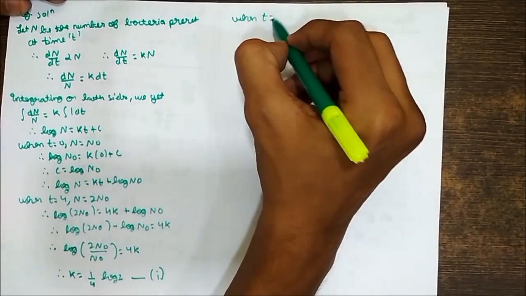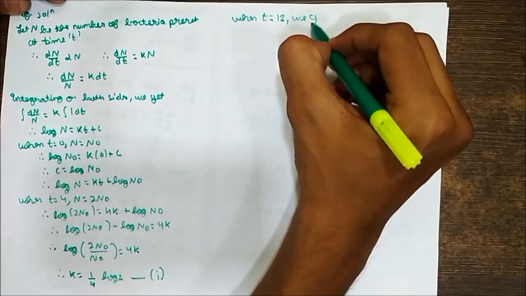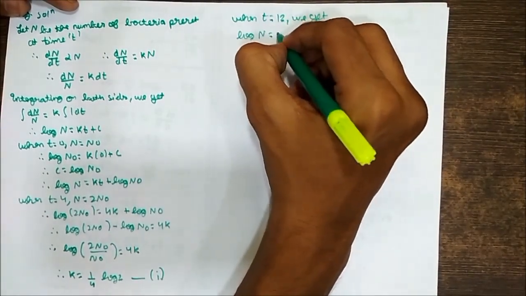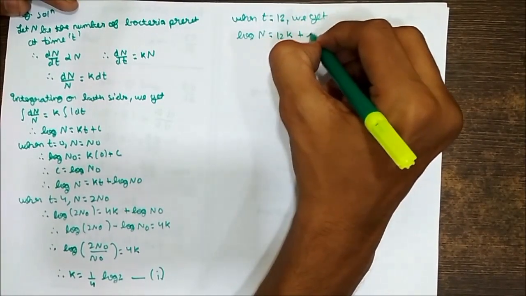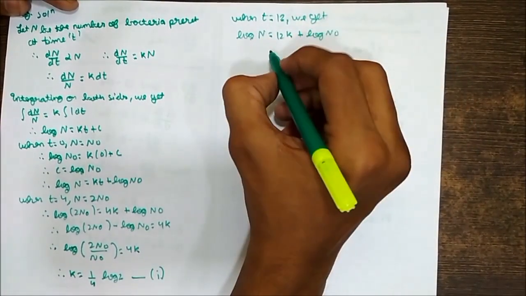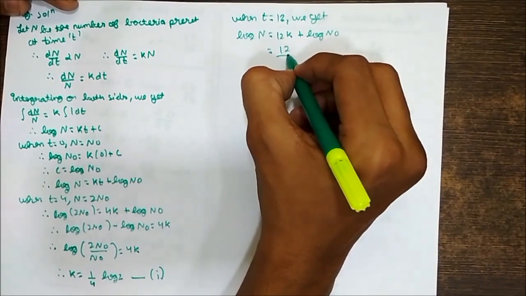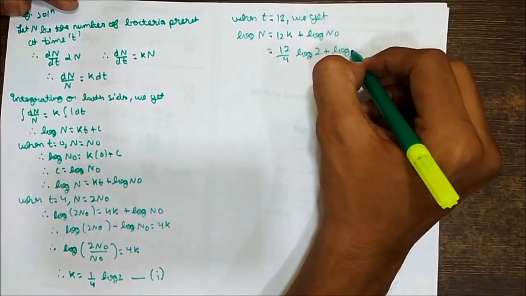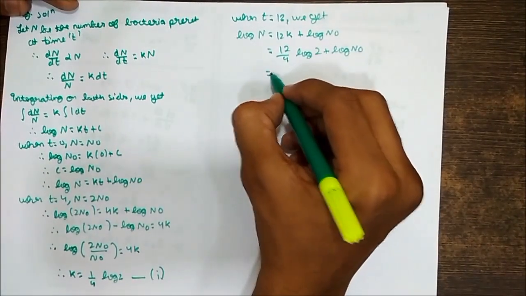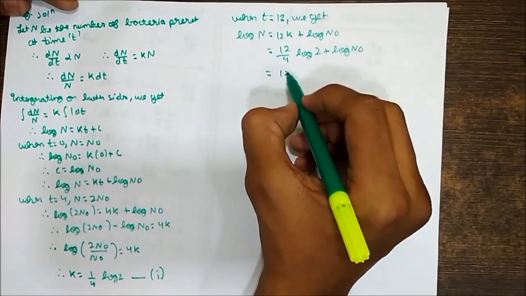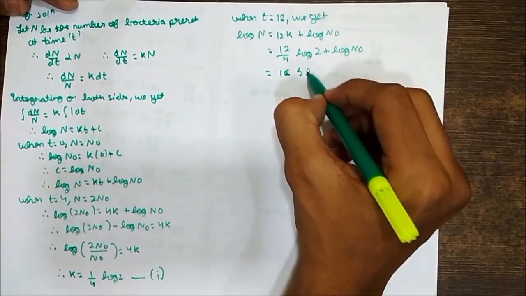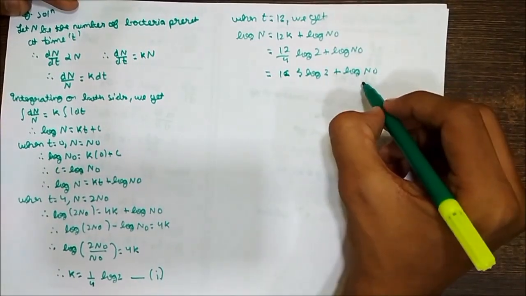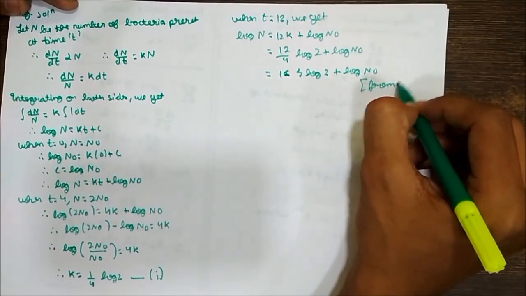When t is equal to 12, we get log n is equal to 12k plus log n0, which is 12 by 4 log 2 plus log n0. It will be 3 log 2 plus log n0 from equation 1.